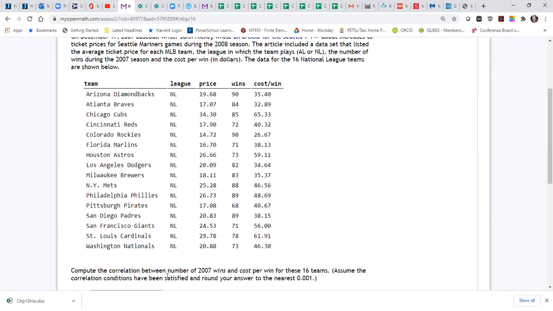Compute the correlation between number of wins and cost per win. So that means the correlation between these two columns, right?